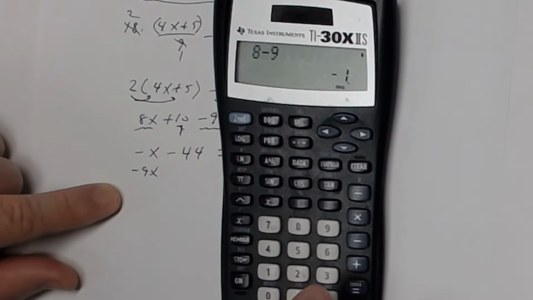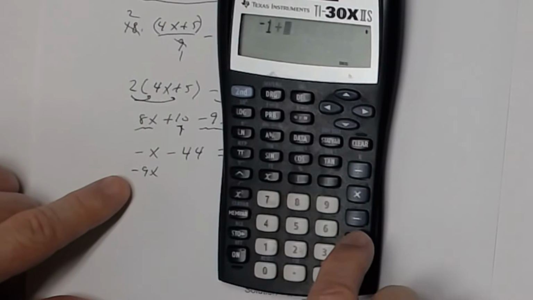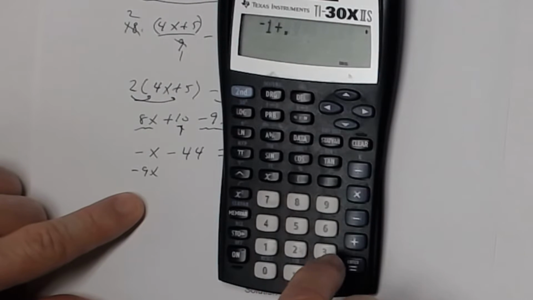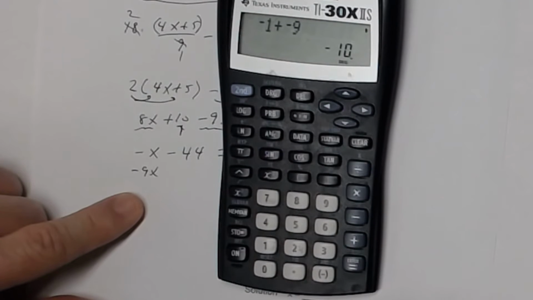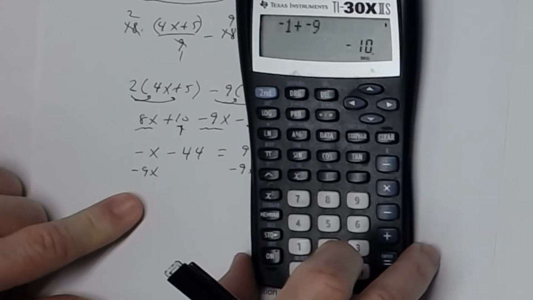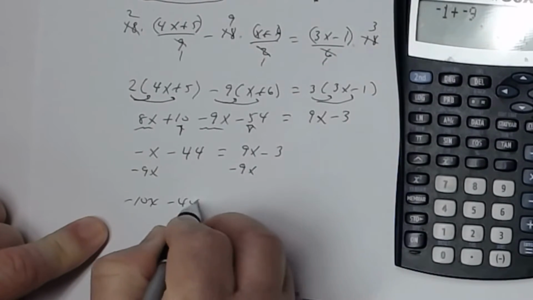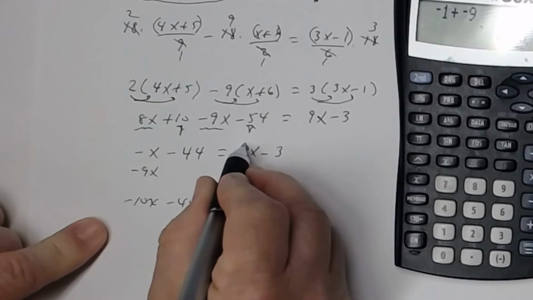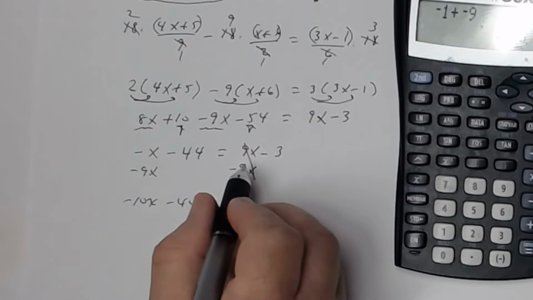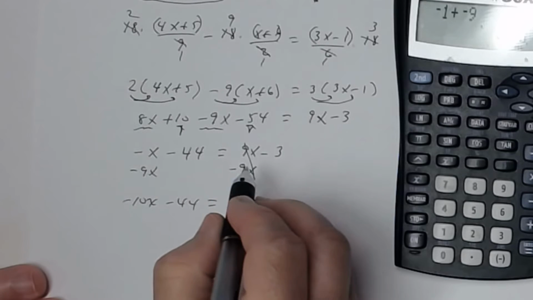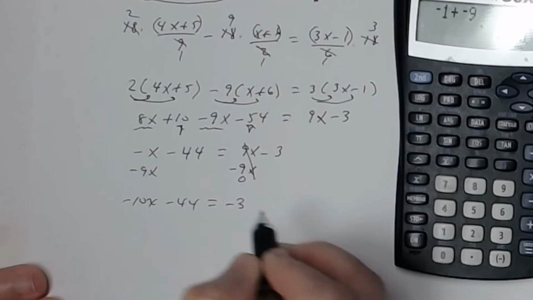So if you look at those coefficients, when you add those, again, use your calculator if you have to, negative 1 plus a negative 9 is a negative 10. So I get a negative 10x minus 44 equal 9x minus 9x is 0. Those are opposites. So when you add two terms that are opposites of each other, you get 0 as the sum. And then 0 and a negative 3 is a negative 3.